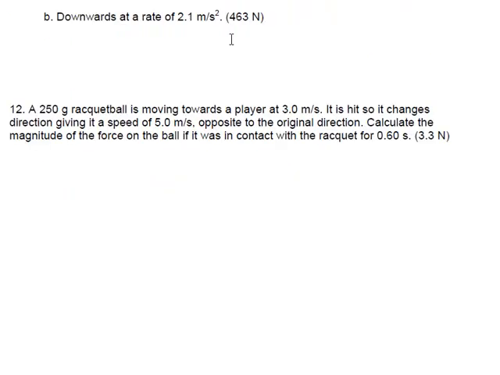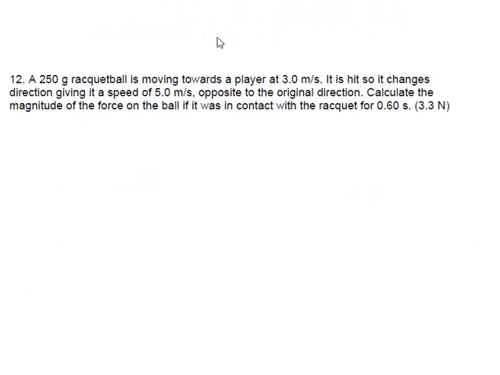And what's our last thing? A 250-gram racquetball is moving toward a player at 3 meters per second. It's actually a fairly good racquetball color. And it's hit, so it changes direction, giving it a speed of 5 in the opposite direction.